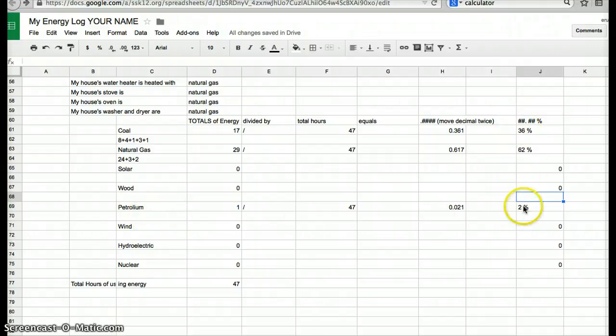You will be able to enter this information into your pie charts, and it'll relate to how much the US uses these types of energy and how much the world uses these, and you can compare your family's use over the weekend to the United States, to the world, and see how similar or different they might be.